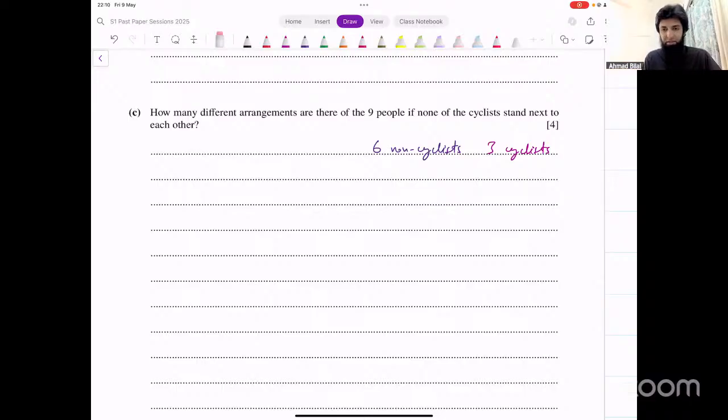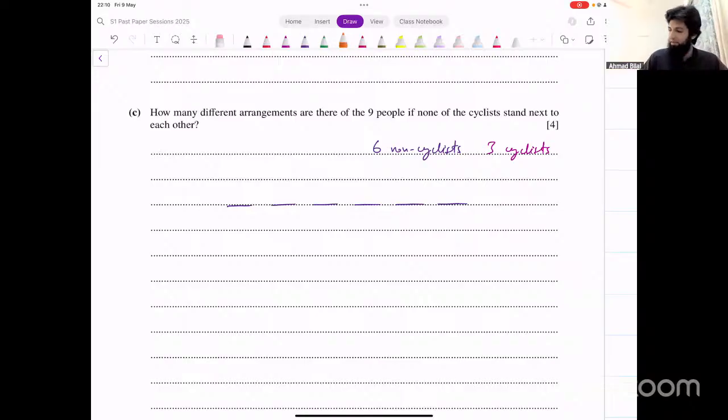Start with the people that we do not have to separate. What are the people who we do not have to separate? The non-cyclists. Make dashes for them: 1, 2, 3, 4, 5, 6.